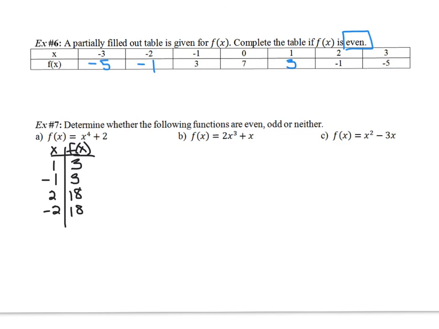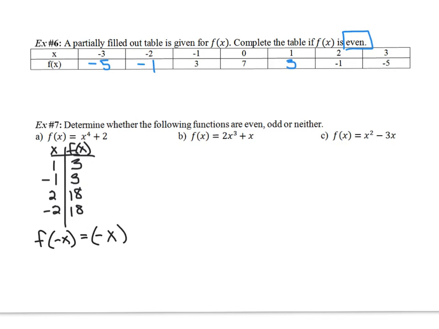Now you can think about what's making these answers the same. I, of course, am going to focus on the fact that the x has an even exponent. So when I take an even exponent on a negative number, the result turns out to be the same. But to prove for sure what kind of function I have, I should really substitute negative x into my function and see what happens.